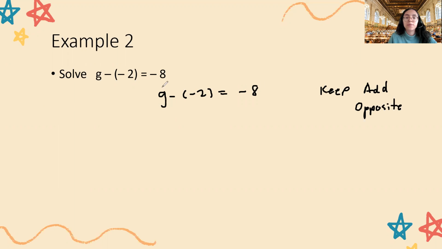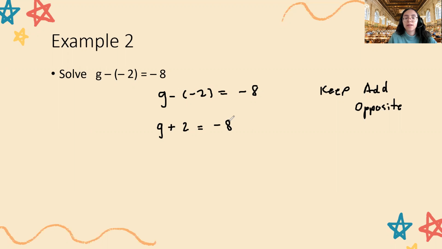So I'm going to keep g the same. I'm going to add instead of subtract. And I'm going to add the opposite of this, which is +2. So we can just write 2. Maybe you've also seen this as some teachers may do this. They may tell you to connect them and just make it into a plus sign. That also works. So after we've taken care of this, I'll bring down my equal sign.